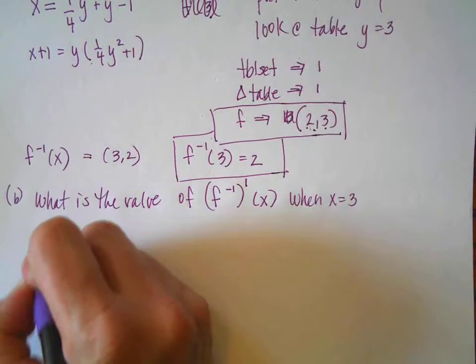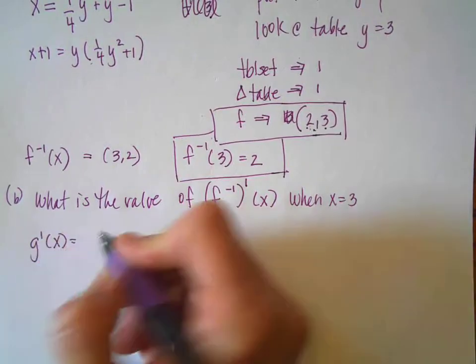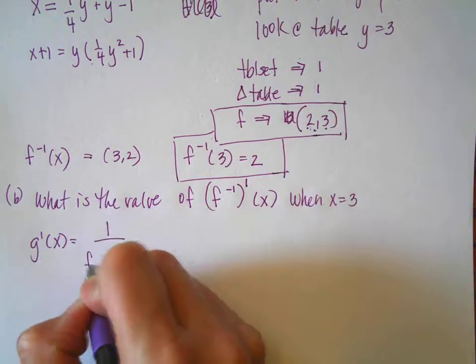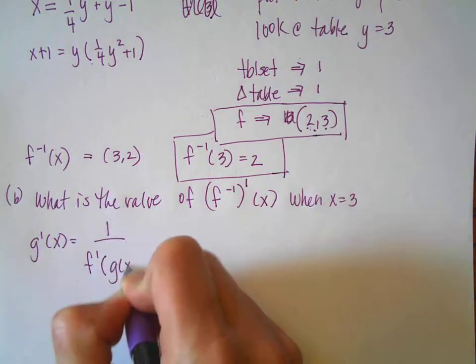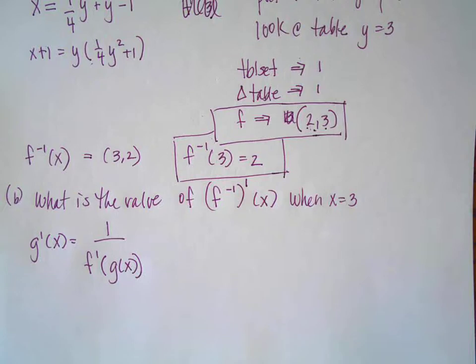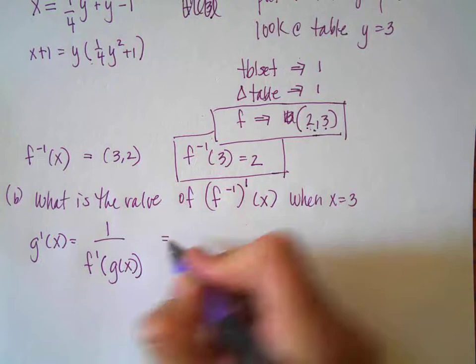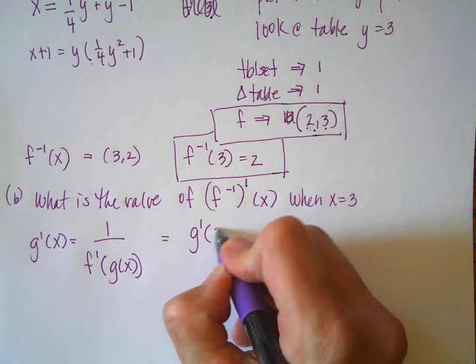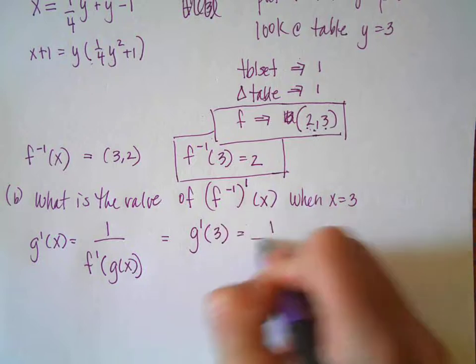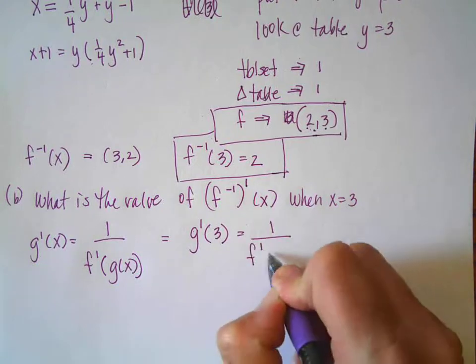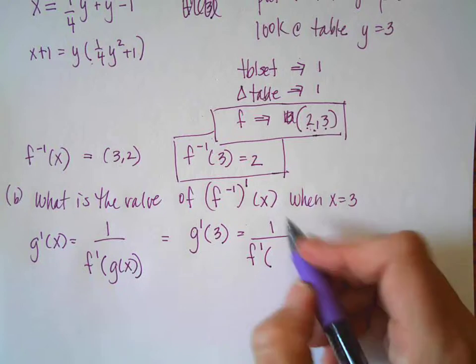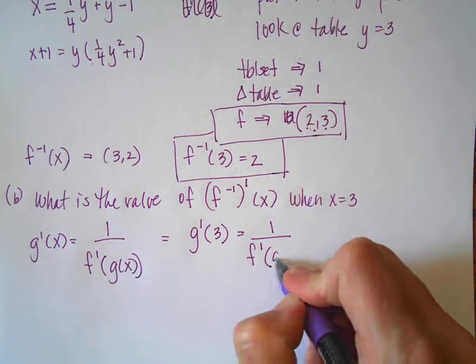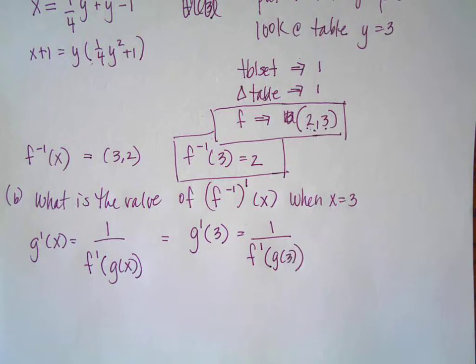So now what I'm going to do is I'm going to use that formula that I wrote at the top of the page, which says g prime of x is equal to 1 over f prime of g of x. Okay, and then if I substitute in my values, right, so I'm going to say that the derivative of the inverse evaluated at 3 is going to equal 1 over f prime when g of x is 3. Okay, so I'm going to do g of 3.